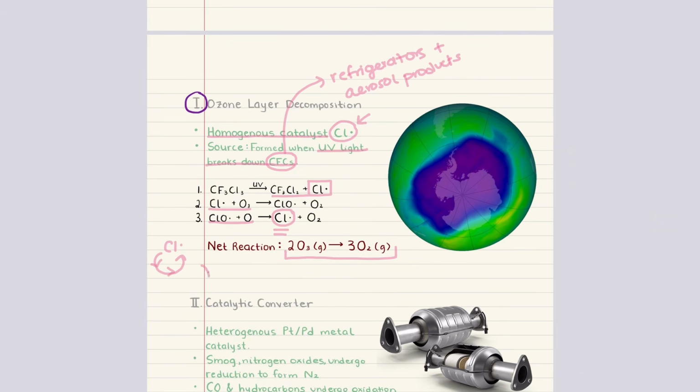And this catalytic chain reaction was directly responsible for the thinning of the ozone layer, particularly over Antarctica. And once scientists understood the mechanism and recognized how efficiently chlorofluorocarbons were breaking down ozone, international agreements were put into place to try to phase out their use and protect the ozone layer from any further damage.